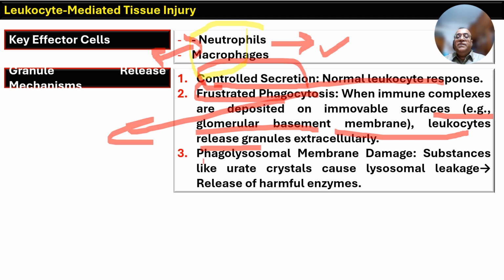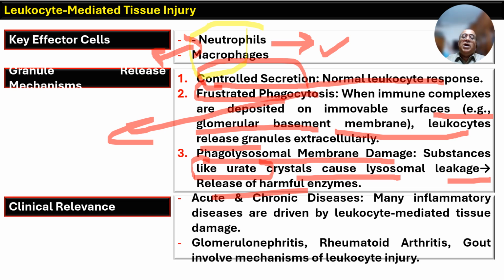In some conditions, there is phagolysosomal membrane damage. Such a situation occurs in urate crystal deposition, when these urate crystals are large and cause rupture of the lysosomal membrane. As a result, there is leakage and release of harmful enzymes to the outside.